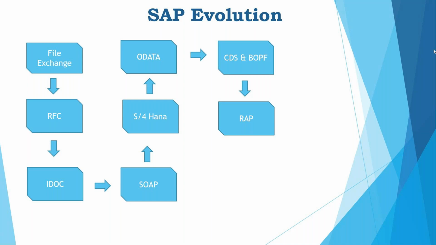If you want to expose data to the outside world, we have to follow a certain protocol, so we are using the OData protocol. To expose it using OData, we have certain tools. One of the tools is the SEGW transaction code, where we create a gateway project and expose it. Second, using CDS views we can also expose the data through the OData protocol. And RAP is also another methodology to expose the data to the outside world using the OData protocol. Is it clear?